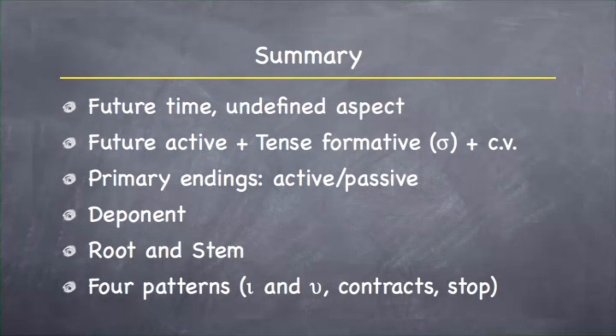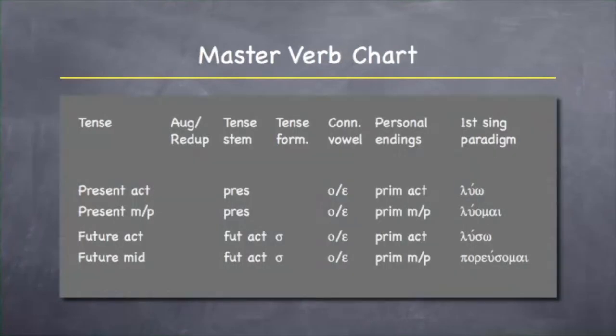For pattern number 1, there are 3 sub-patterns. There are roots ending in iota and upsilon. There are contract verbs, and there are roots that end with a stop. 3 very regular sub-patterns of words that shouldn't give you any trouble at all. And we added 2 more lines to the master verb chart.